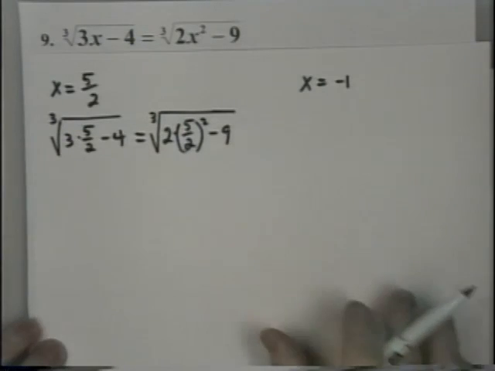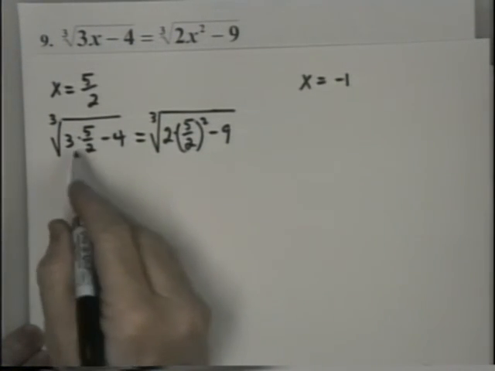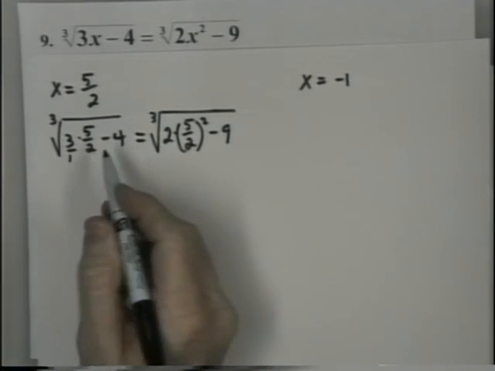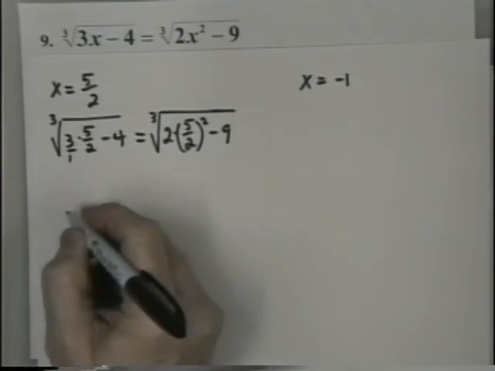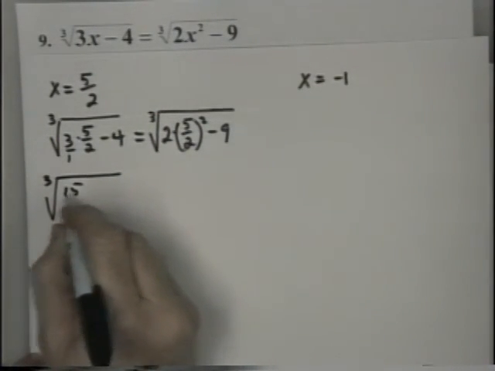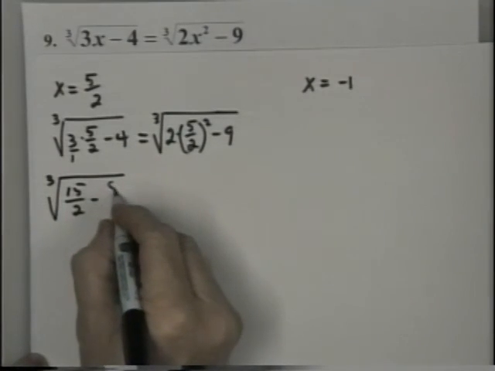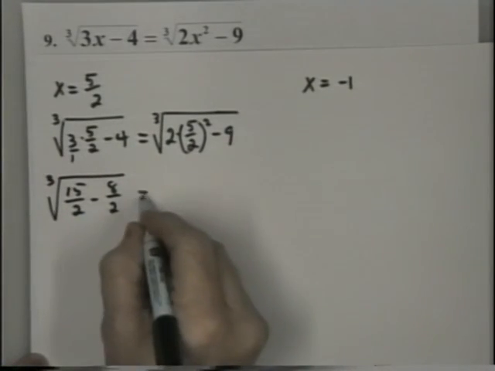Let's see if that turns out to be true. Well, here on the left side, that's 3 over 1. So if you multiply those together, you're going to get the cube root of 15 halves minus, we might as well change 4 to 8 halves.